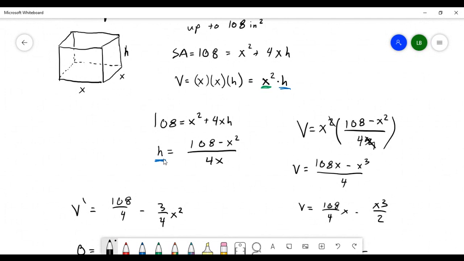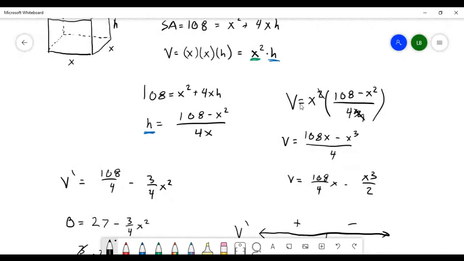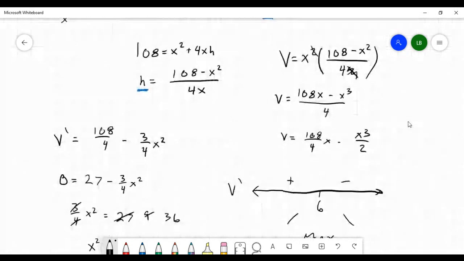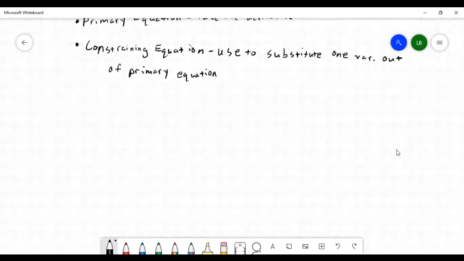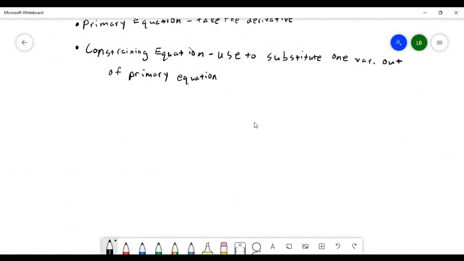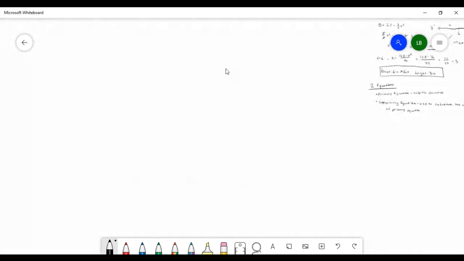And we took that h value and substituted h out of our volume equation. Then our volume equation was an equation of one variable, so we could take the derivative and find its maximums and minimums. So that's the general process you'll use for optimizing. I'll go ahead and give you a practice problem now.